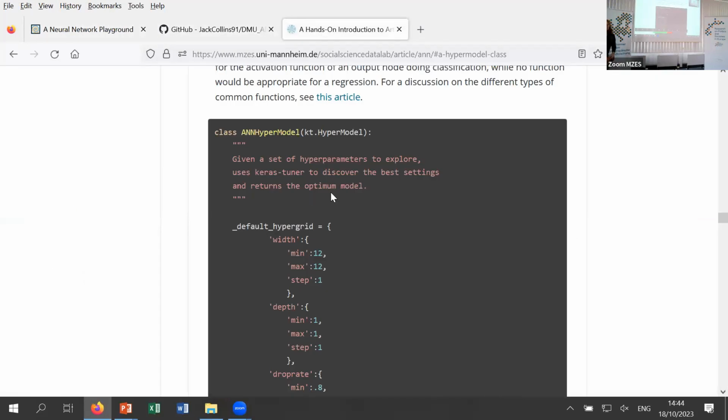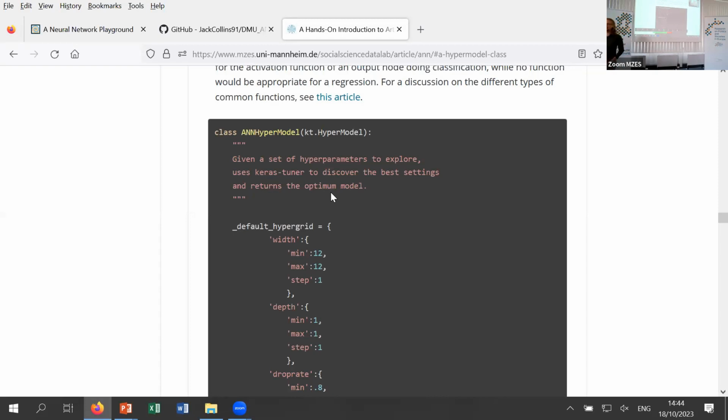Artificial neural network hypermodel. What does this class do? This class lets you say, here is a range of numbers of neurons, a range of numbers of layers, and a bunch of different activation functions that I want to play around with. Here's my data.